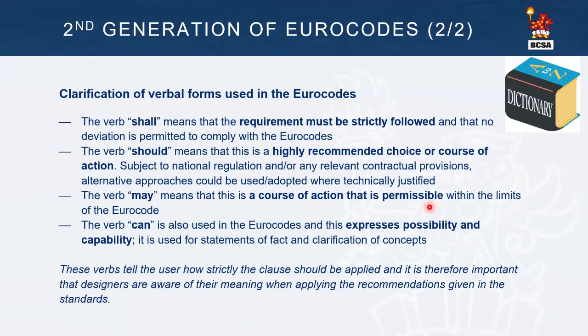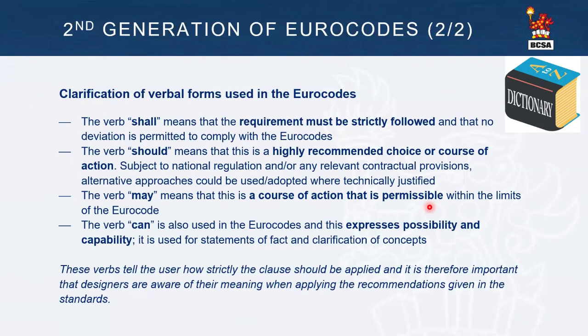Another example of improvement of the ease of use is the clarification of the verbal forms used to express the requirements in the Eurocode. There are 4 different verbs: shall, should, may, and can. Each one of them has a specific meaning within the Eurocode context. Shall is used for principles. So for example, a structure shall be in equilibrium.